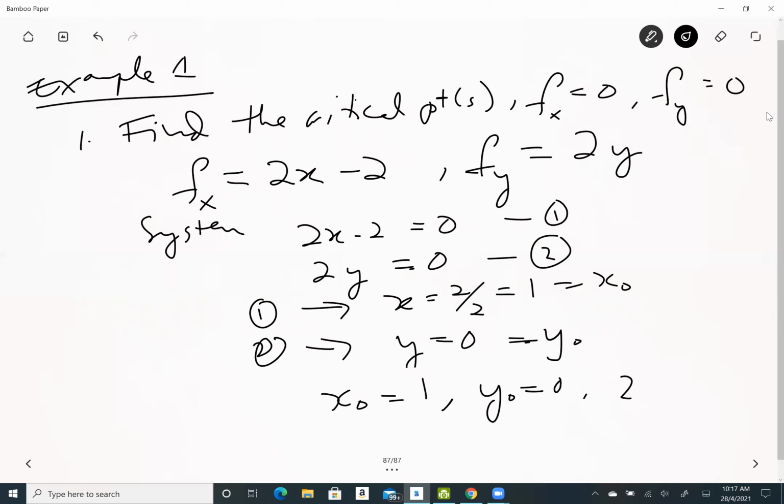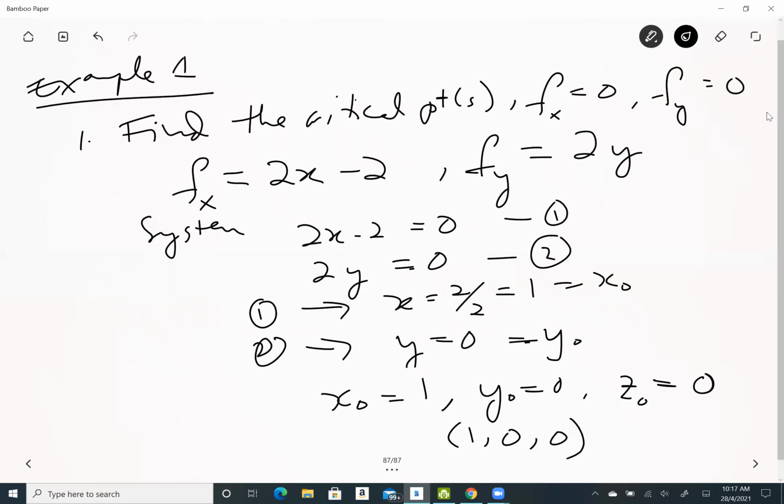So next you find the value of the function there. Substitute into the original function. If you do that, what you get is also 0. So the critical point will be x0, 0, 0.